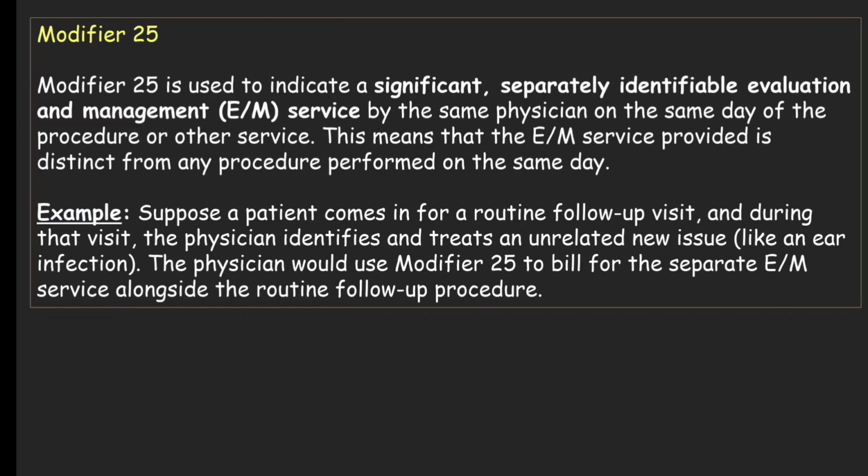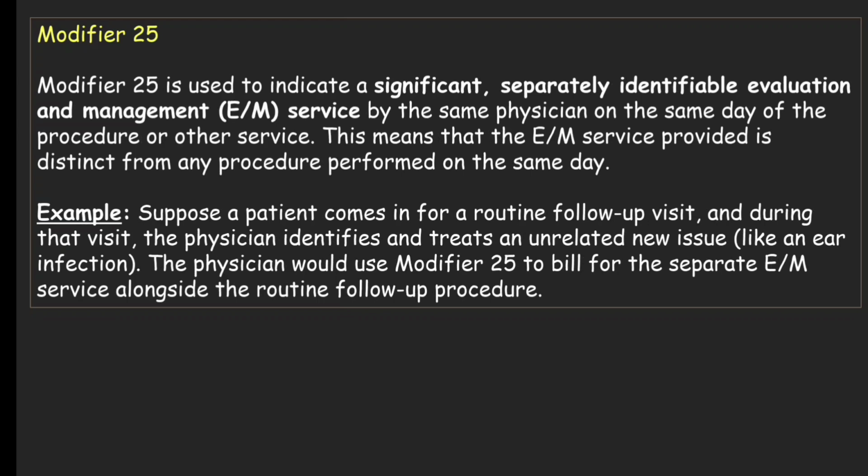Next modifier 25. Modifier 25 is for significant, separately identifiable E&M service by the same physician on the same day of the procedure or other service. It means that the E&M service provided is distinct from any procedure performed on the same day. For example, a patient comes in for a routine follow-up visit.